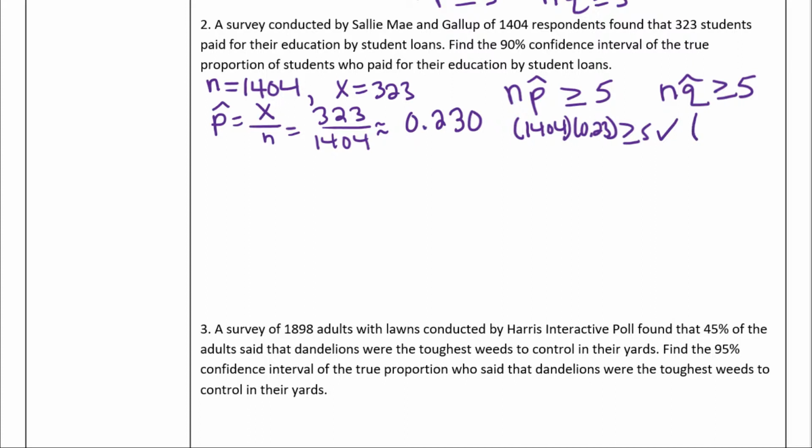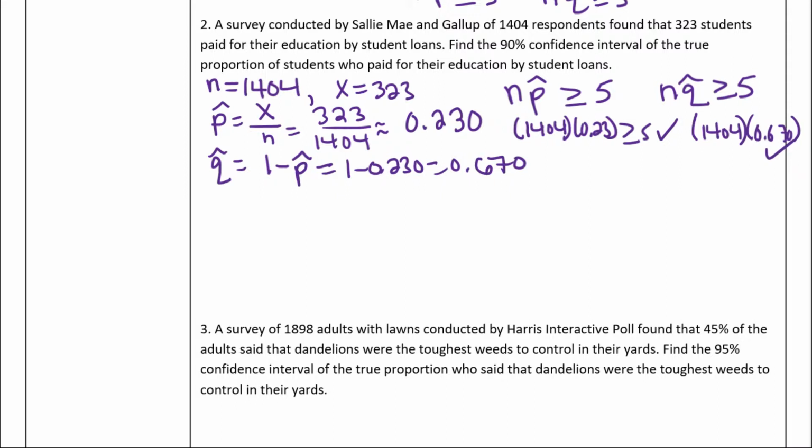And 1404, remember to find q hat, we're simply going to do 1 minus p hat. So this will be 0.670, which checks out. It is going to be greater than or equal to 5 if you type that in. Okay, so we can go ahead and proceed with doing the confidence interval.